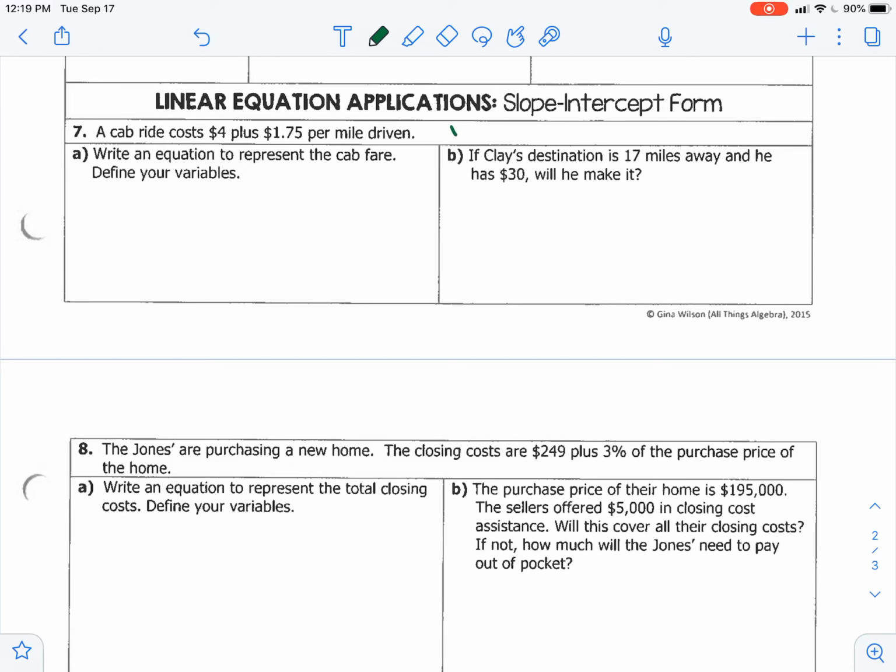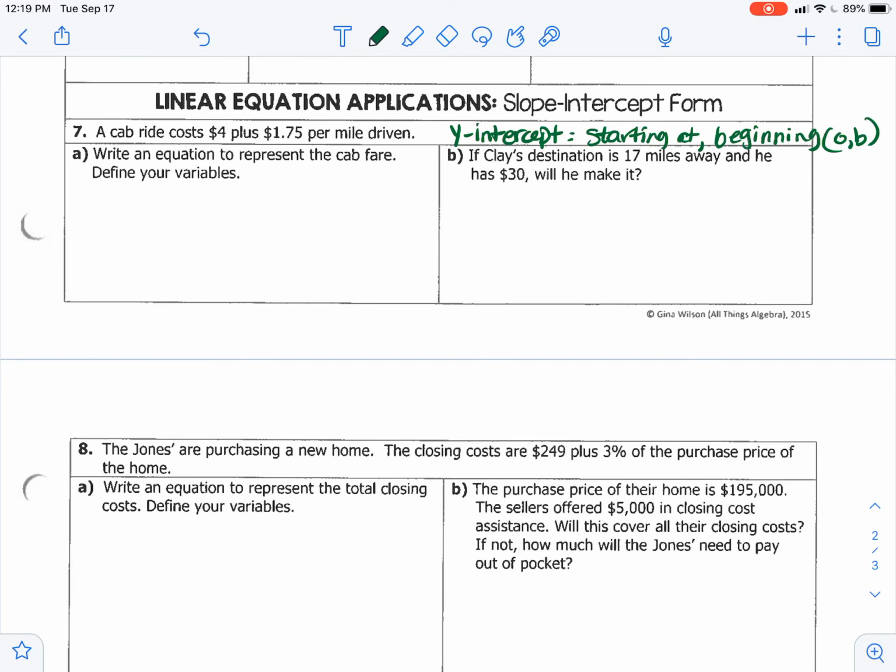If they are talking about the y-intercept, they're usually going to talk about something about it starting at or beginning. There's something referring to where it's starting or beginning. That's always going to be your y-intercept, your 0, your y-intercept.